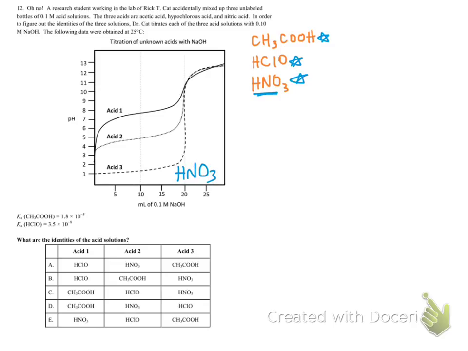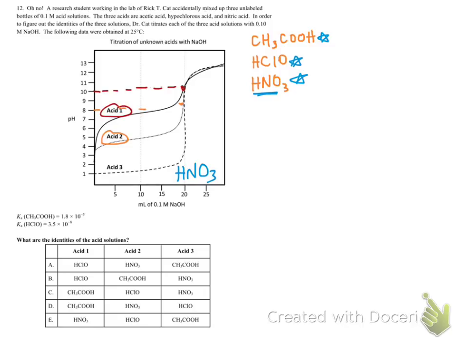So remember, the weaker the acid, the greater the pH is going to be at the equivalence point. Because at the equivalence point, you're creating all conjugate base. So, by looking at this, I'm going to find the equivalence points of both of these. This is for acid 1. Then for acid 2, let's use a nice orange here. Here, the equivalence point, the spike in the pH is about here.